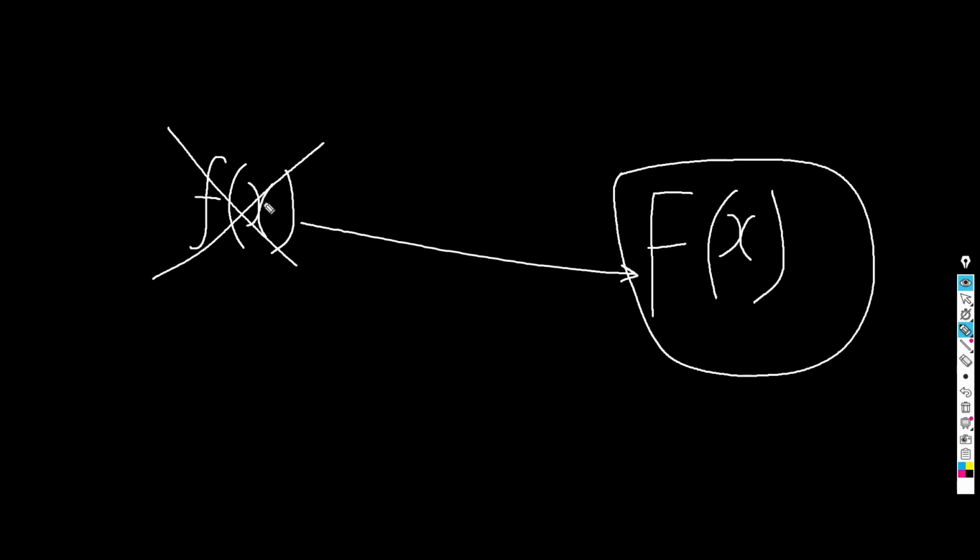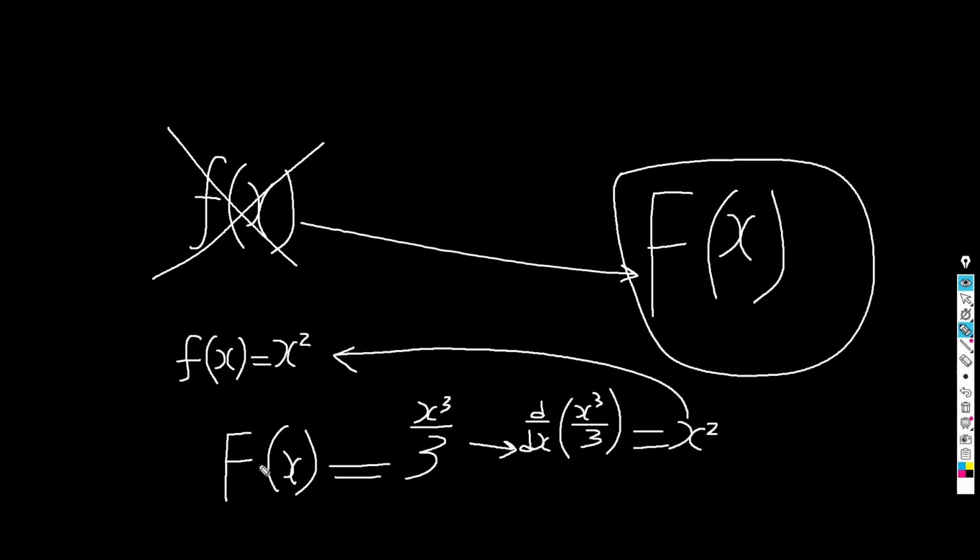I also have to clarify, when we have something like this, where it's a capital F instead of a regular f of x, this denotes the antiderivative of the function. So if we had this function f of x equals x squared, capital F of x, or the antiderivative, would be x cubed on 3, since the derivative of x cubed on 3 is x squared.